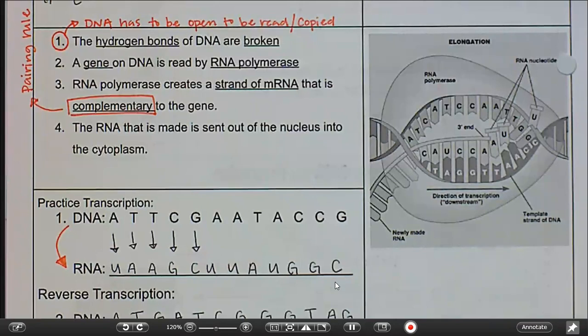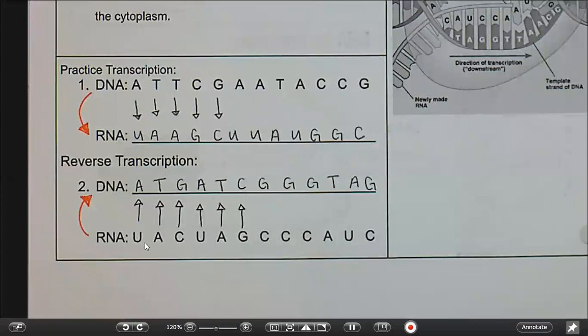Now this is where we get to that reverse transcription. If for some reason you have the RNA strand, but you want to know what the DNA gene was, you can go backwards. So if you see a U, you would write an A. A, you would write a T. Notice that here I wrote T and here I wrote U. That's because I'm paying attention.